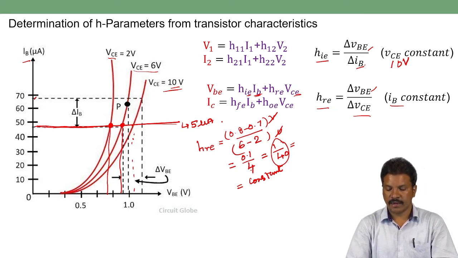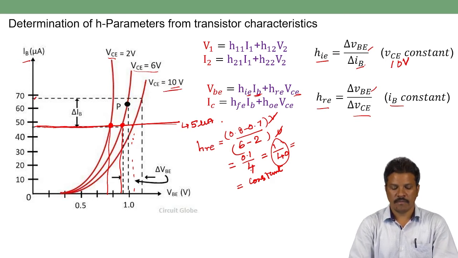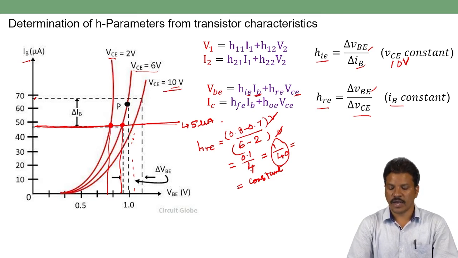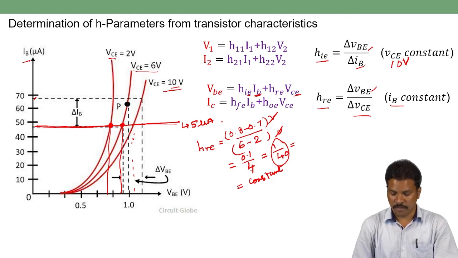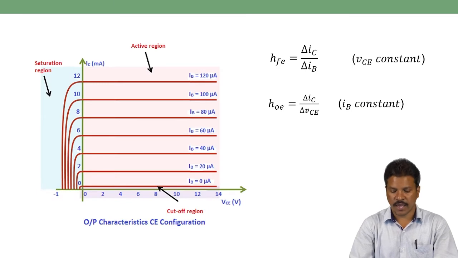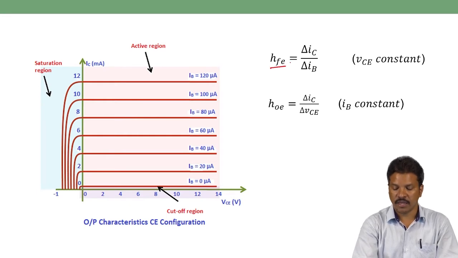We can calculate input impedance and the reverse voltage gain from the input characteristics. Similarly, the forward current gain and the output admittance can be calculated from the output characteristics. This is the output characteristics for common emitter configuration. So what is HFE?